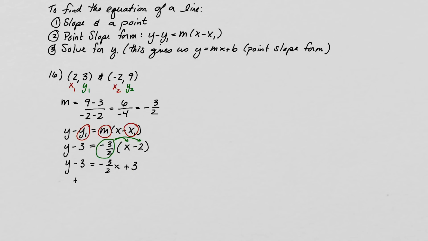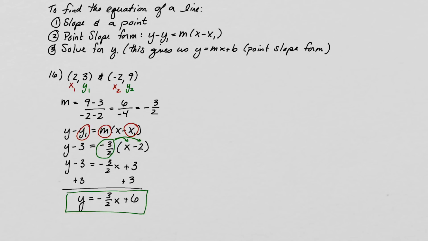And now all I have to do is add 3 to both sides to get y by itself. So y is going to be -3/2 x plus 6. And that is your final answer.